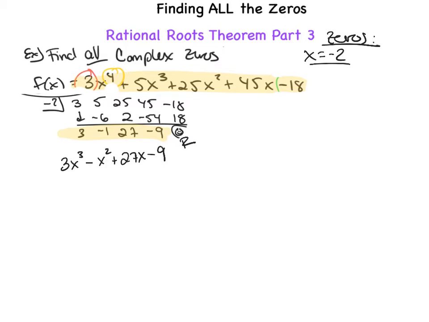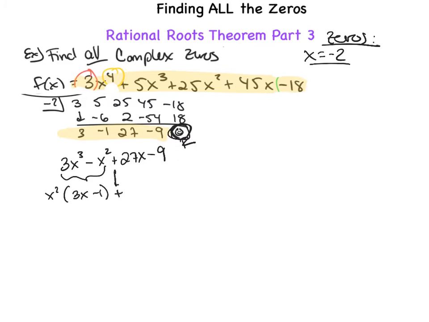What I want to bring your attention to is that it's factorable by grouping. And if I can avoid using all this tedious synthetic division, I'm going to do it. So let's factor this depressed polynomial because we have that glorious remainder 0. Factor this by grouping. So grouping together the first pair, we're going to factor out the x squared, leaving us with a 3x minus 1.